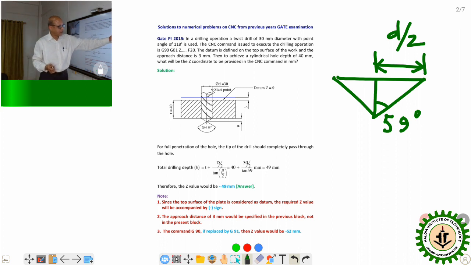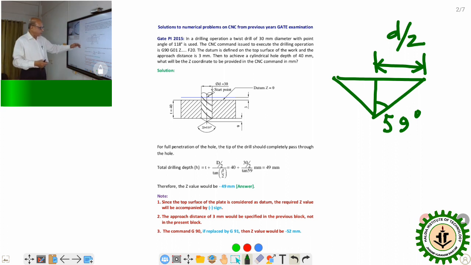This much portion is equal to d by 2, that is the half of the diameter, divided by tan beta, where beta I have considered as half of the point angle. The total point angle is represented by 2 beta, which is given as 118 degree. So half of this will be 59 degree. So this much will be equal to d by 2 divided by tan beta.